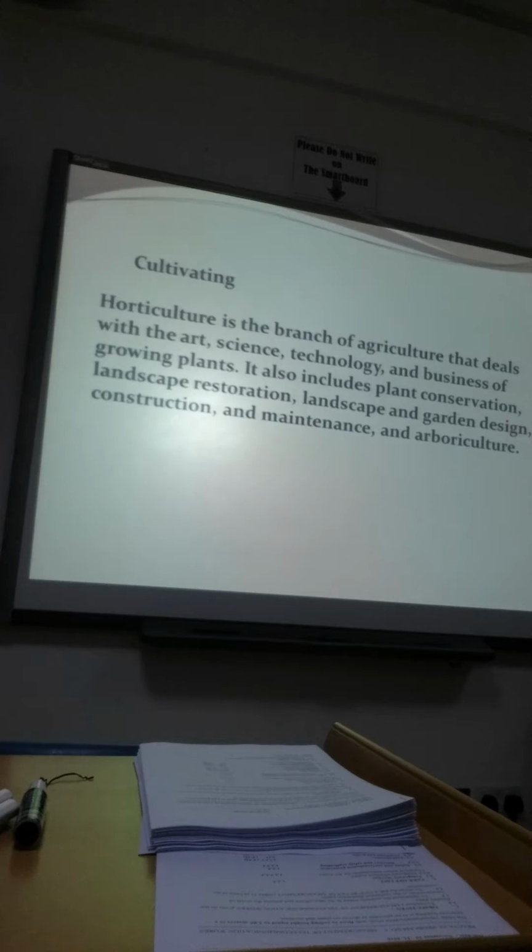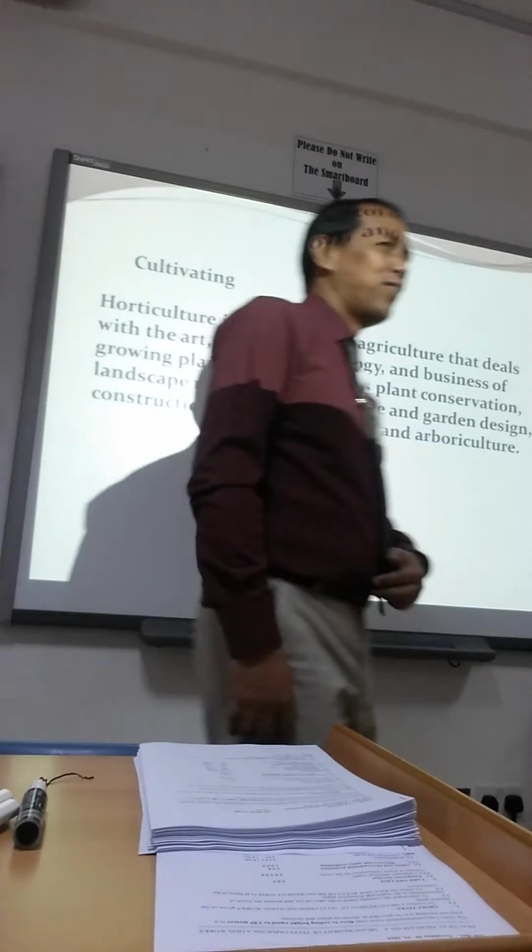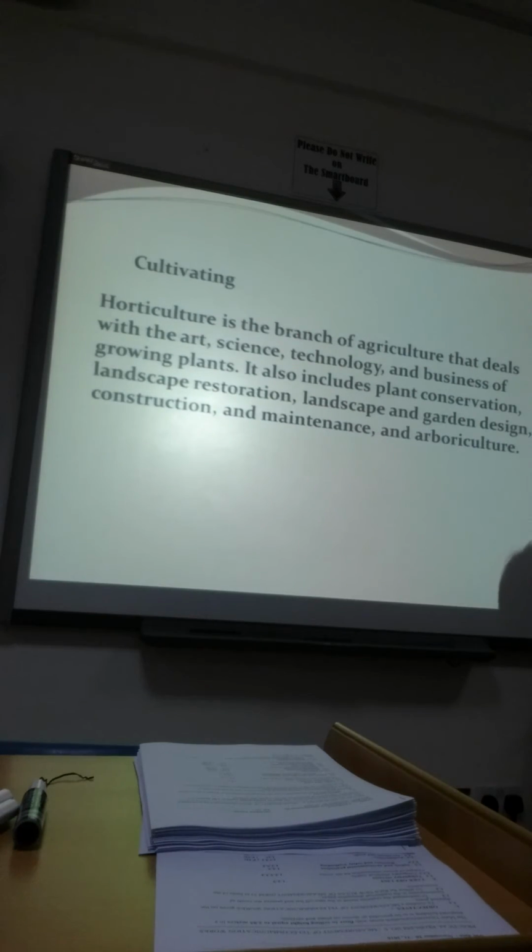Okay, horticulture is a branch of agriculture that deals with the art, science, technology, and business of growing plants. Therefore, as a QS, you are also to provide quantity measurement for landscaping. The design will be prepared by the architecture specialization, but the quantity survey, it is your responsibility to prepare. Okay, the costing.